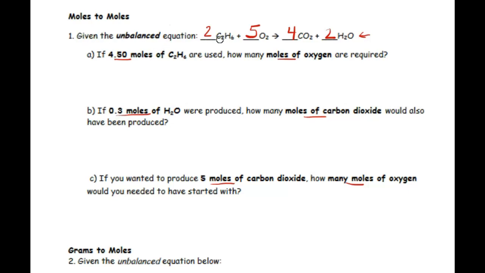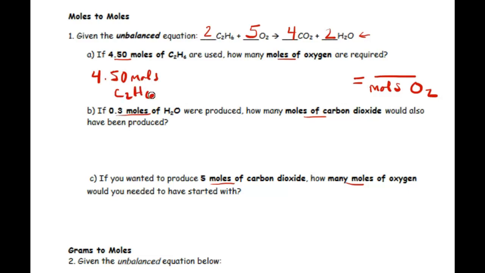So given the unbalanced equation, if 4.5 moles of this are used, how many moles of oxygen are required? So we know that our answer is going to be in blank moles of oxygen, and we know that we're given 4.50 moles of C2H6.